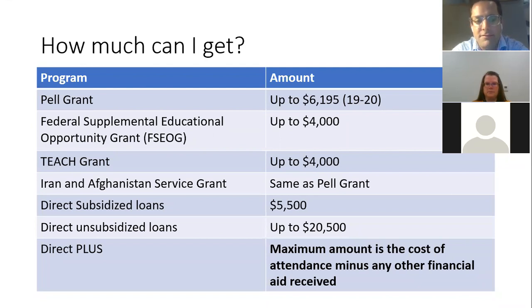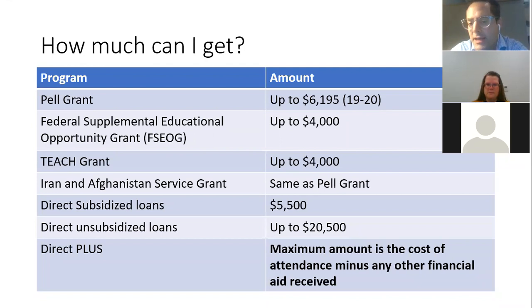But the federal supplemental educational opportunity grant, I had mentioned that earlier, up to 4,000, TEACH grant up to 4,000. There's the Iraq and Afghanistan service grant that can also be up to the Pell amount. Direct subsidized loans, I had mentioned first year, it's typically 5,500.